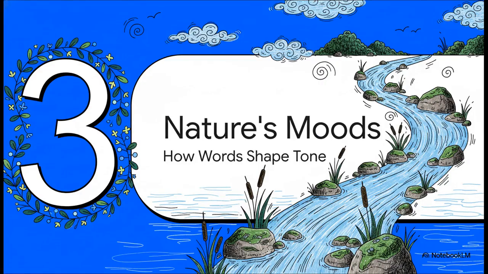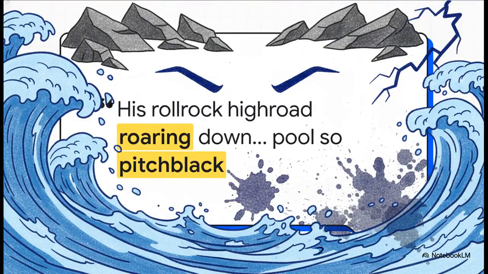Section 3. Decoding Nature's Moods, How Words Shape Tone. I want you to just listen to the aggressive, wet, and wild vocabulary Hopkins uses in Inversnaid. Words like roll, rock, roaring, pitch black, and fell frowning. The poet isn't politely telling us the water is moving fast. He's physically forcing this chaotic, rushing energy onto the page through these intense, almost harsh word choices.